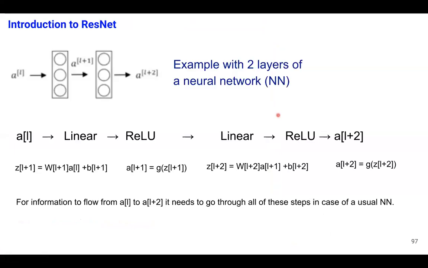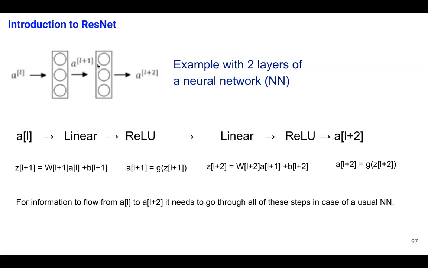Okay, so now, as I promised, I will say a few words about ResNet. This is a very cool concept, and when you are trying to build a very deep network, this comes very handy. So what you see here is a general neural network with 2 layers.